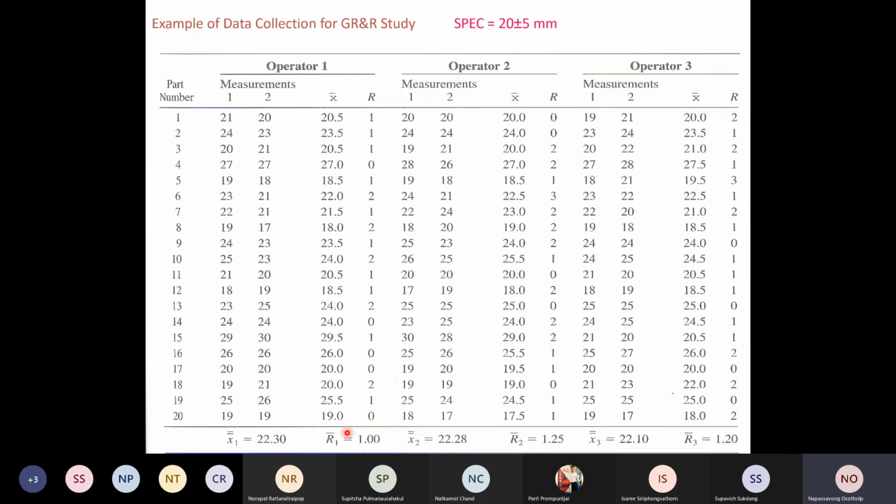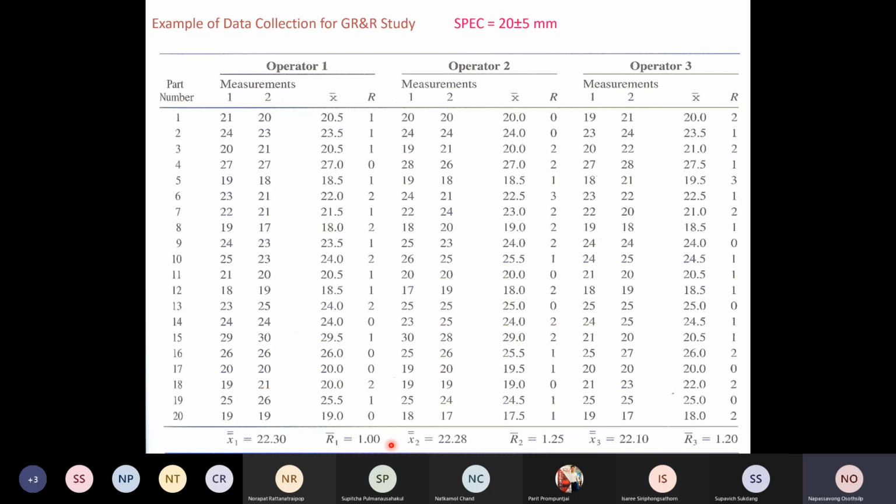So what does it mean here? Sarika, could you please help explain what R bar 1 represents? It represents the average value of the difference between two measurements, right? Yes, very good, exactly.